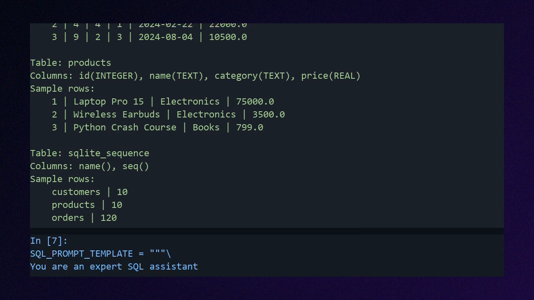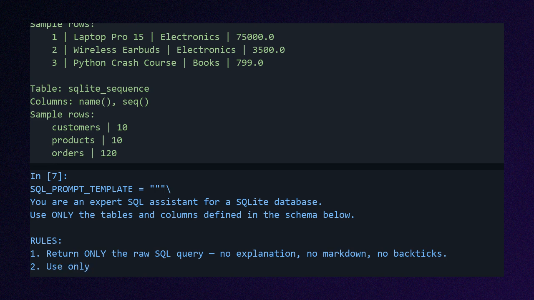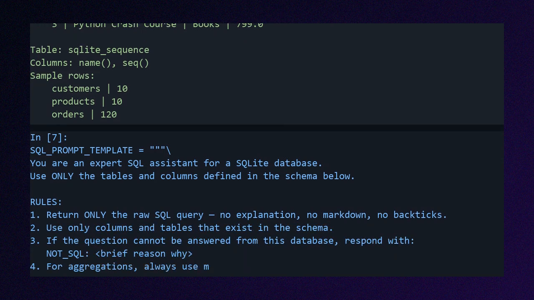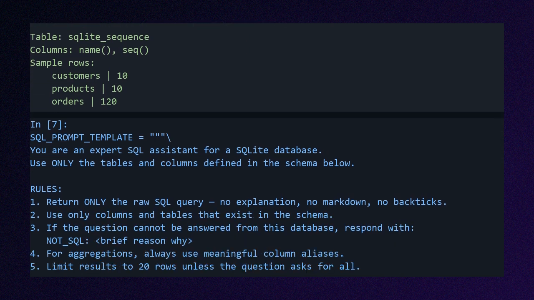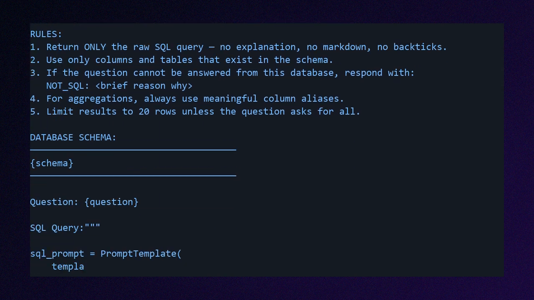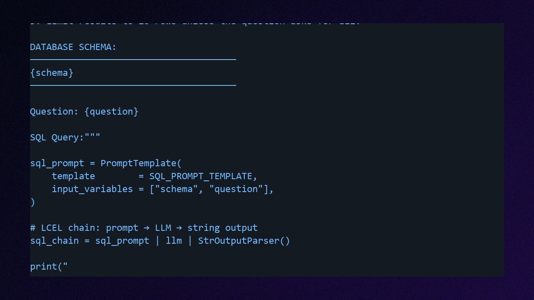Now, we build the prompt and the chain. The prompt has 2 variables, schema and question. The schema is always the live extracted schema from the database. The question comes from the user. Notice the not SQL prefix instruction. That gives us a clean programmatic signal when the question is out of scope.